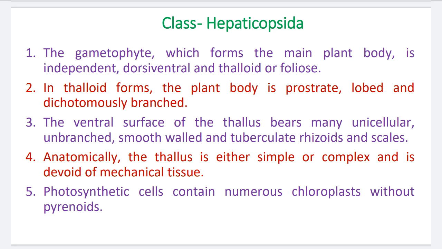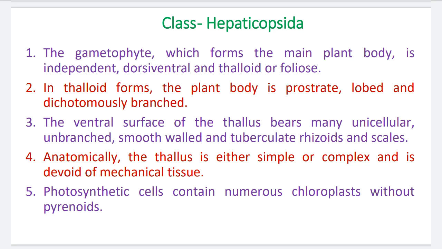Then number 4, anatomically, means internally. Anatomically, the thallus is either simple or complex and is devoid of mechanical tissue. Some very minor cell complexity may be there. Then photosynthetic cells contain numerous chloroplasts without pyrenoids.